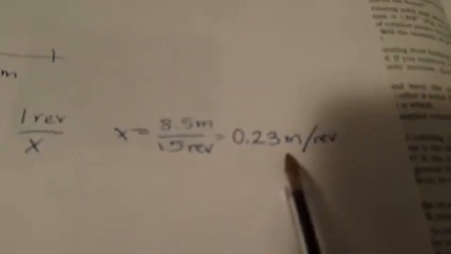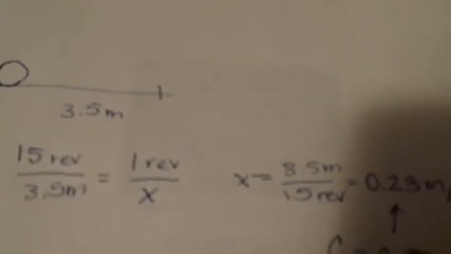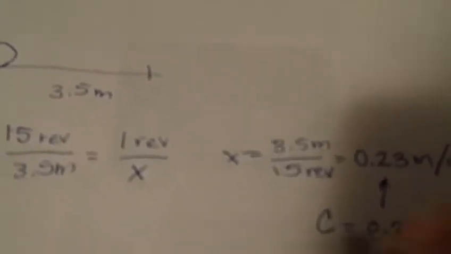Okay, now we want the diameter. So this right here, 0.23 meters, every time a ball rolls around, it goes the circumference. So we know this C is equal to 0.23 meters.